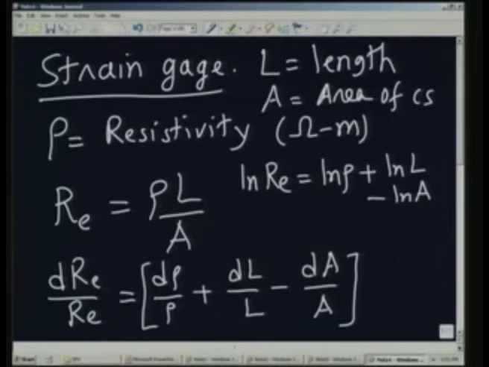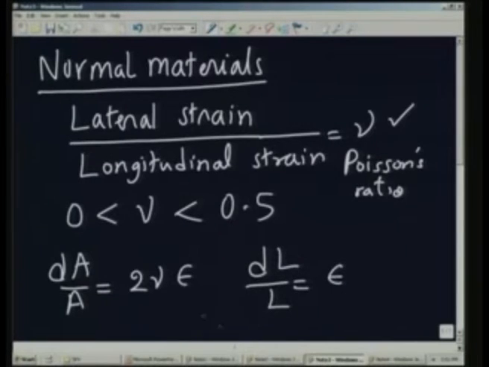Now, I will combine this equation with what we have seen earlier. If you go back to the previous one, I have dA by A equal to 2 nu times epsilon and dL by L equal to epsilon. So, all I have to do is to put them together. Actually, I should have put a minus sign here.